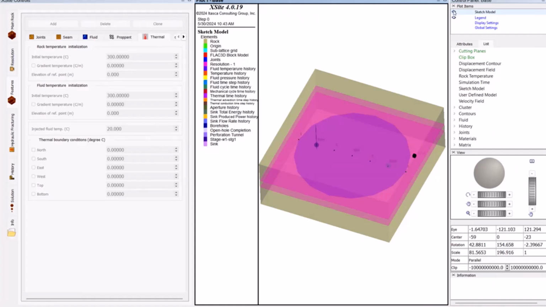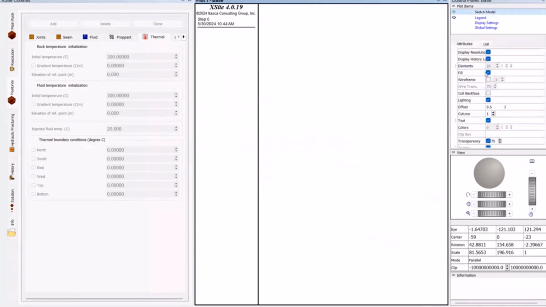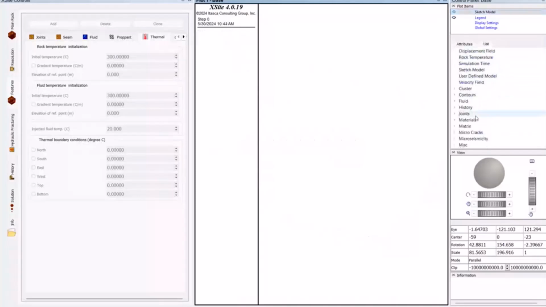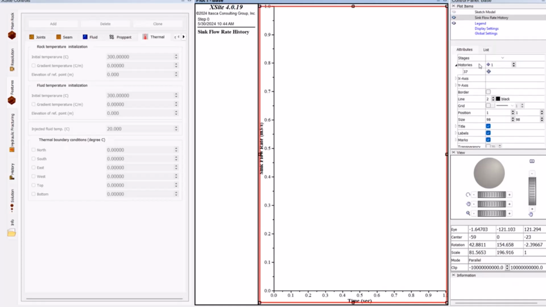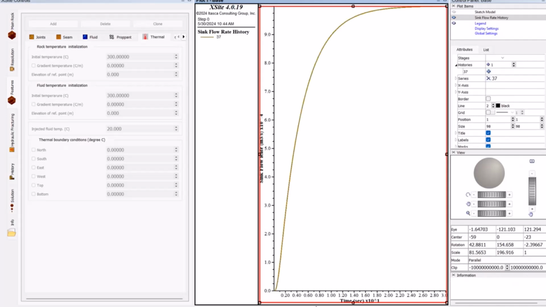So how do we know that we have achieved steady state? If we open a history, basically we start injecting at the inlet, and we are monitoring the rate at the sink or the outlet. If you look at the sink flow rate, you saw we were injecting with a defined injection rate of 1e minus 3.